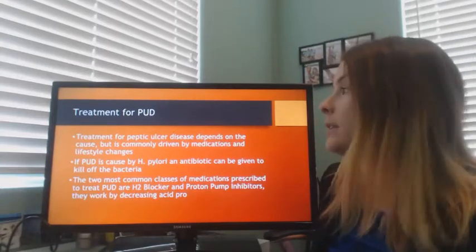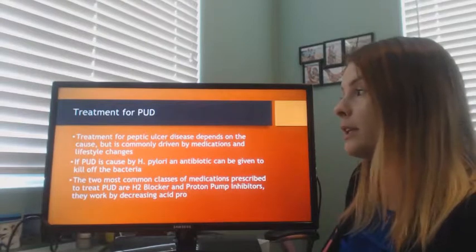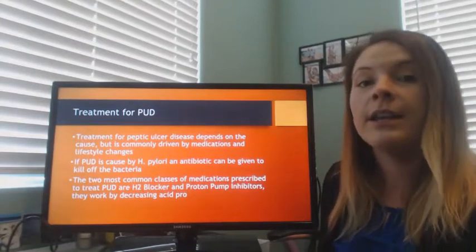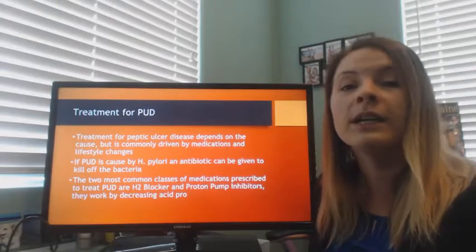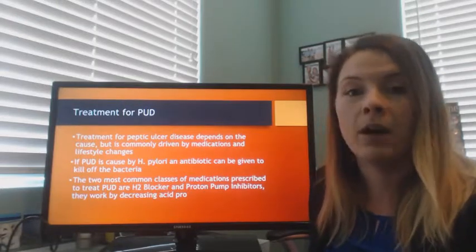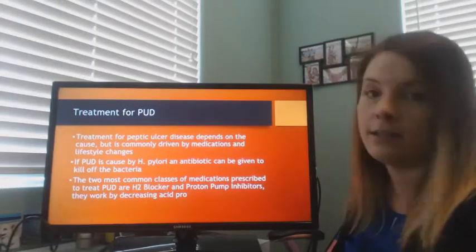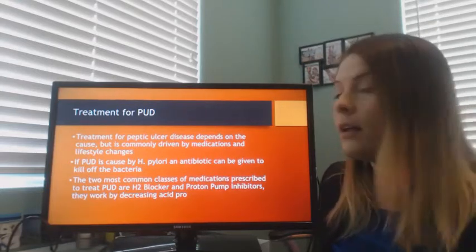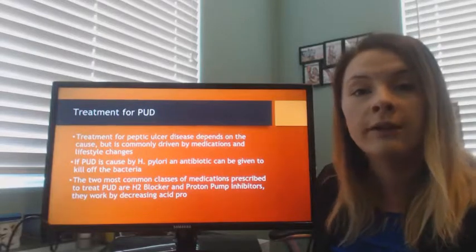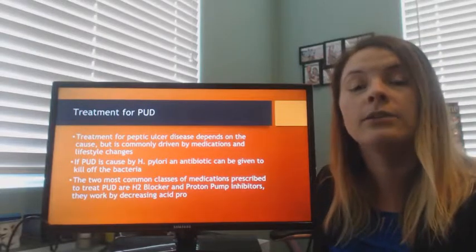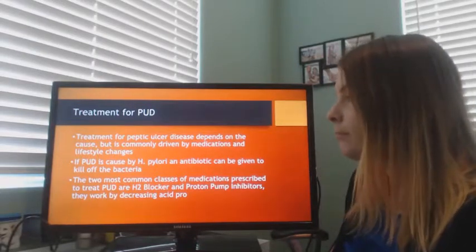Treating peptic ulcer disease. Treating peptic ulcers can depend on the cause. If you are suffering from peptic ulcer disease due to Helicobacter pylori, you're going to be prescribed antibiotics to rid the body of the bacteria causing the ulcers. This can also be coupled with lifestyle changes, including excluding fatty foods and decreasing alcohol intake.